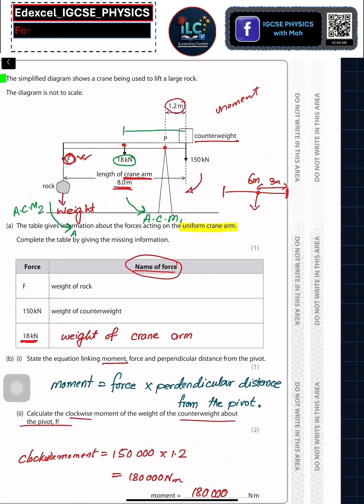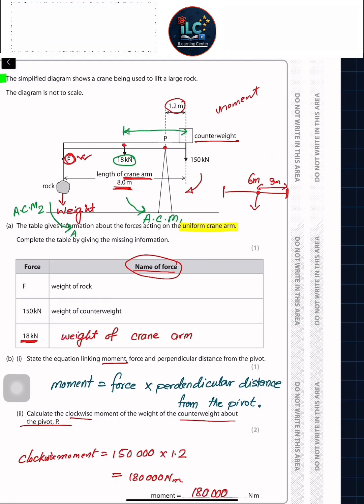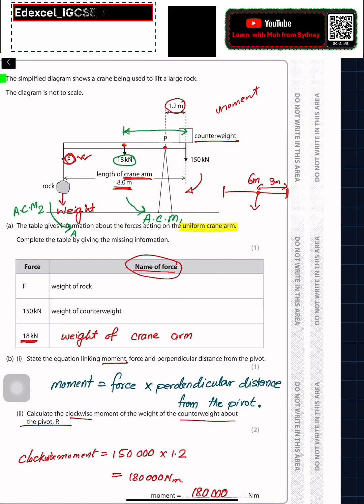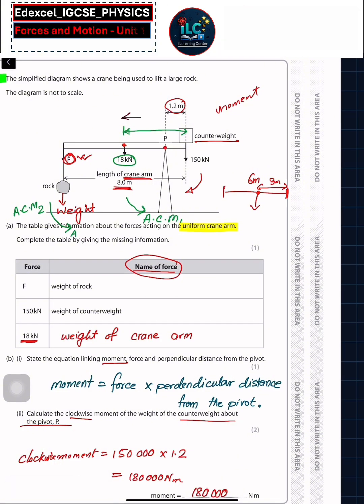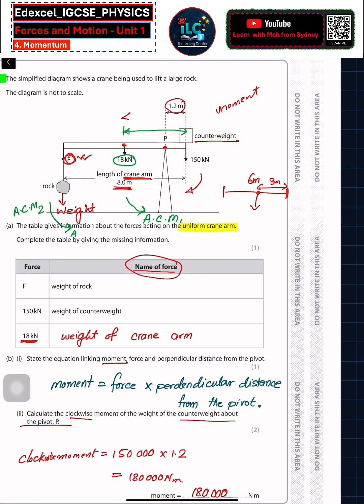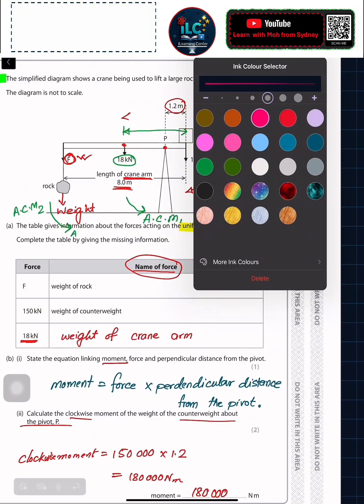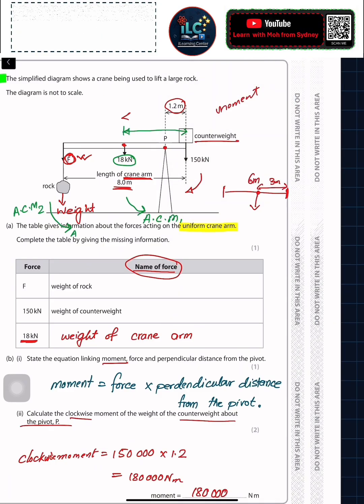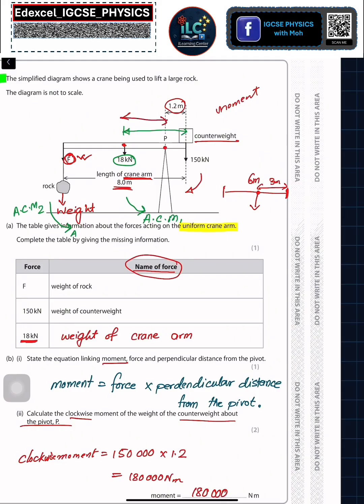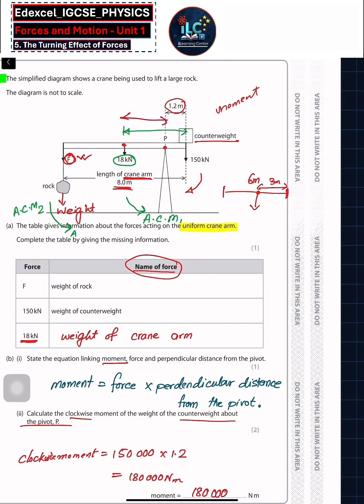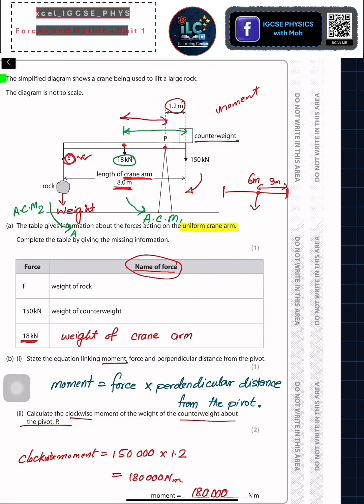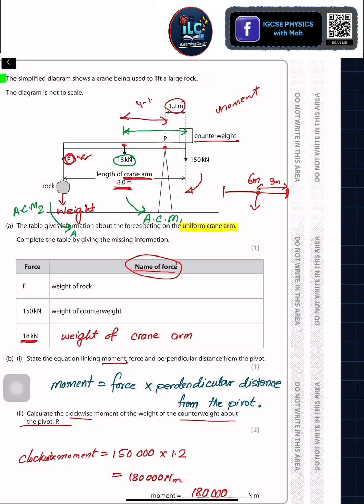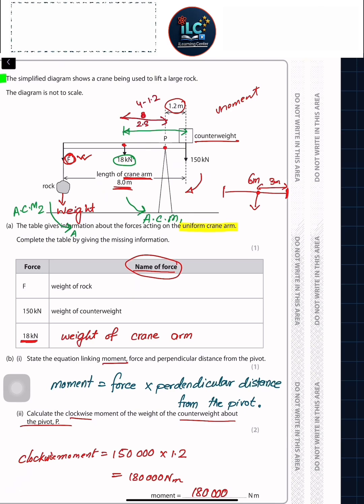We know that this whole length is 4 meters because it's uniform, so the weight is always at the center. So this distance here is 4 minus 1.2, which is 2.8 meters.